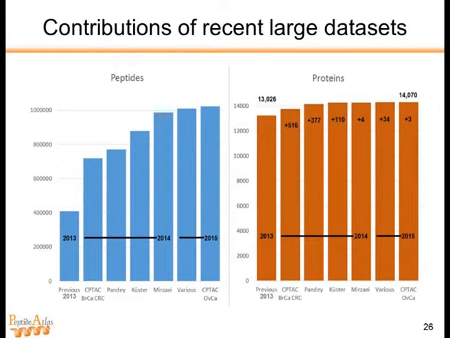So this illustrates the plateauing effect I was talking about. Over that timeline, you saw that we had a number of data sets contributed. And so the number of peptides has actually gone up quite a bit from around 400,000. It's like 1.5 or 2.5 times higher at just over 1 million. At the same time, the number of proteins we've seen has not increased that much.